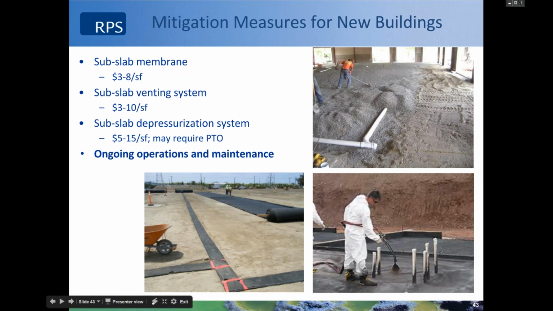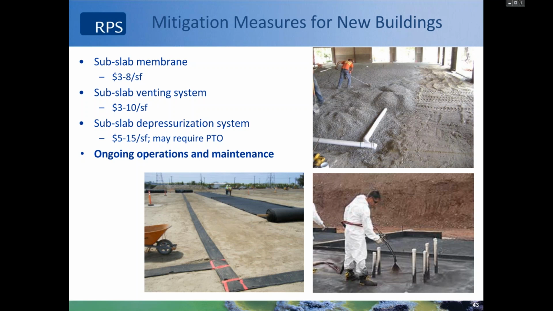So here we have our sub-slab vapor intrusion mitigation system, which typically consists of a gravel layer, which you have beneath your building slab anyway. But before you pour your slab, you lay some vent piping in that gravel layer, and you put a membrane on top of that, and then you put your building slab down.